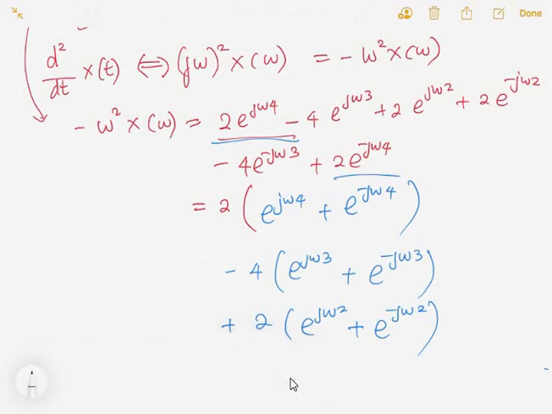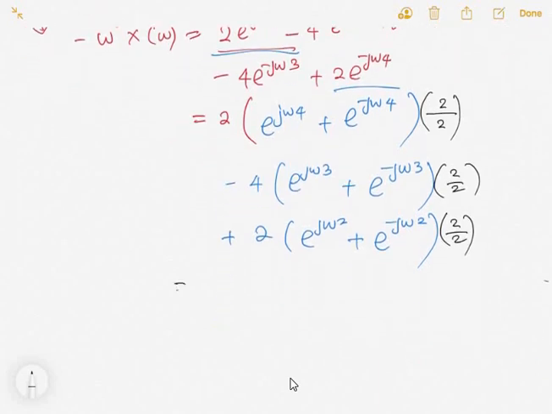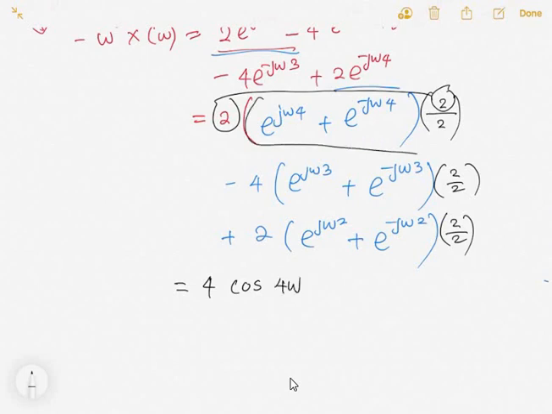We don't have the 2 here, so you times 2 over 2 so that we remain the same value, but we can change to the cos because we fulfill the form. So 2 times 2, you have 4. So you have 4 cos 4 omega.